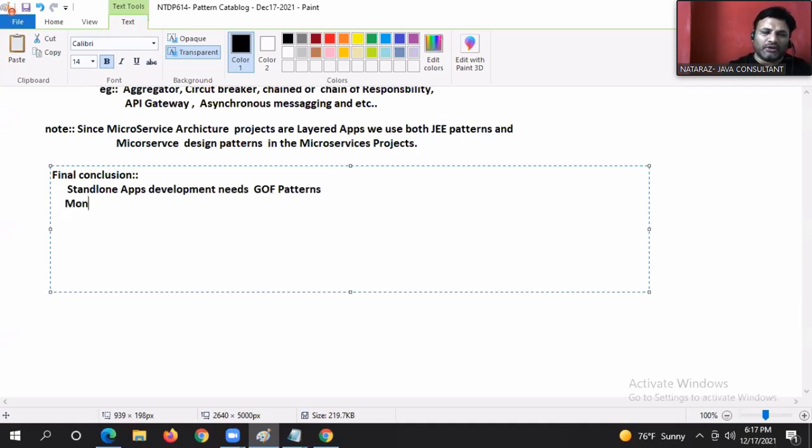Monolithic architecture applications development needs JWE patterns plus gang of 4 patterns.